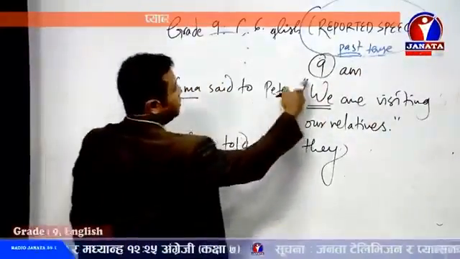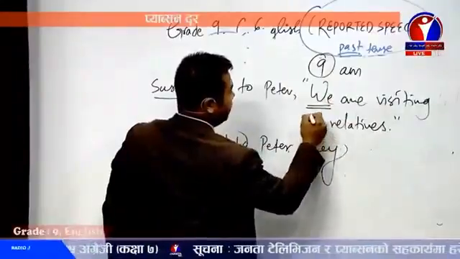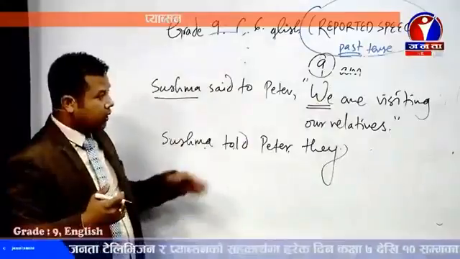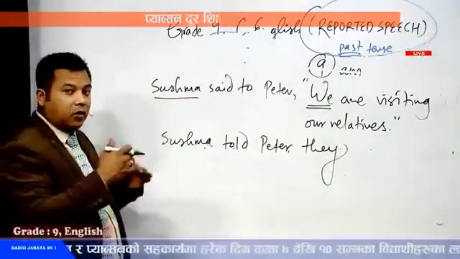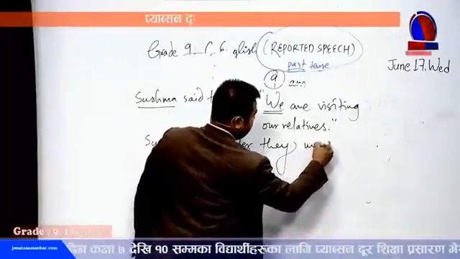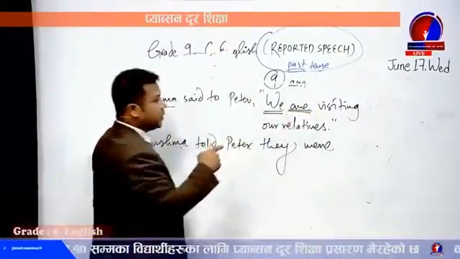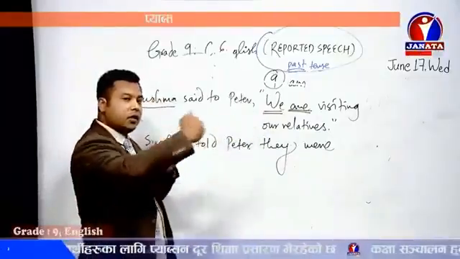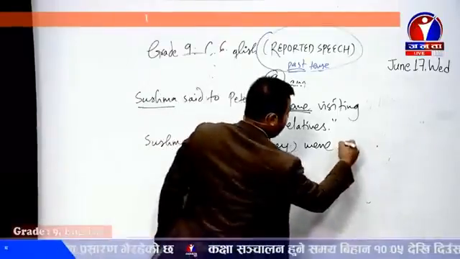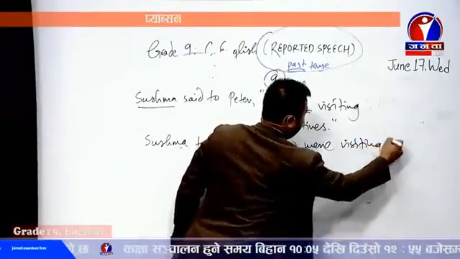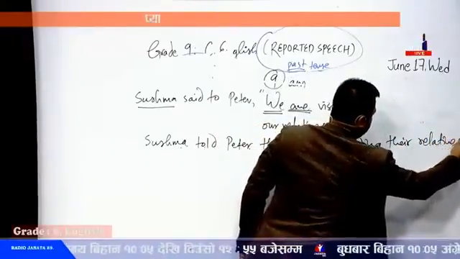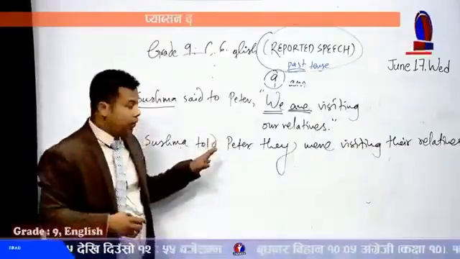Susma said to Peter, I am visiting, then it becomes my relatives. But right now, we have used we are visiting our relatives. Susma is trying to say that she's not the only one. There are many others. Susma told Peter they were, because this is present continuous, and present changes into its respective past structure. So Susma told Peter they were visiting, our becomes their relatives. This is how it works.